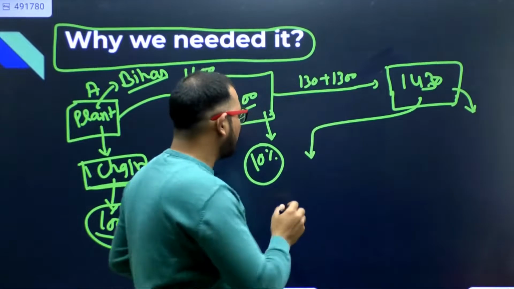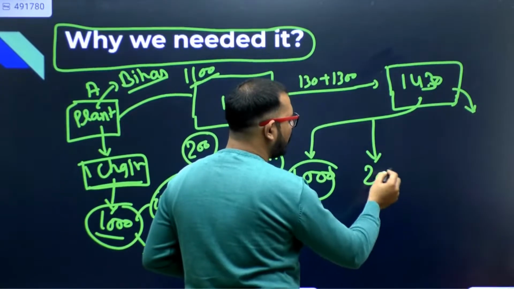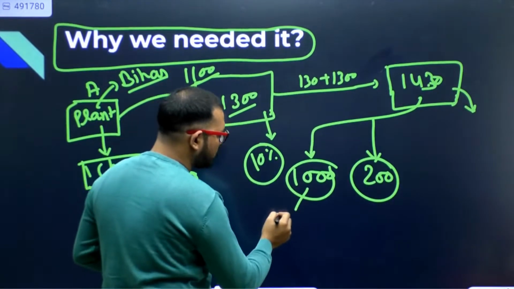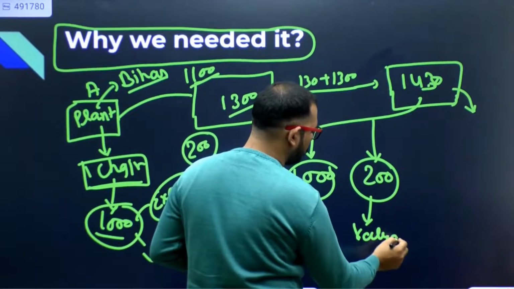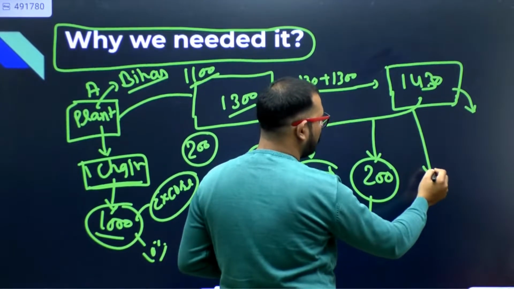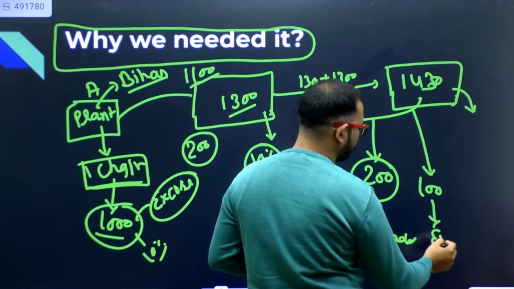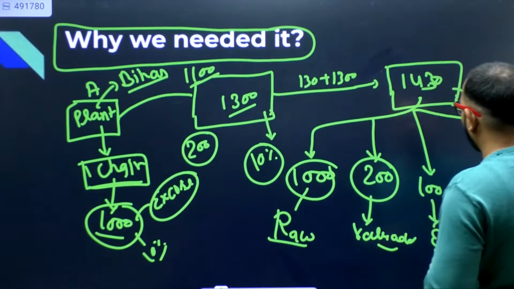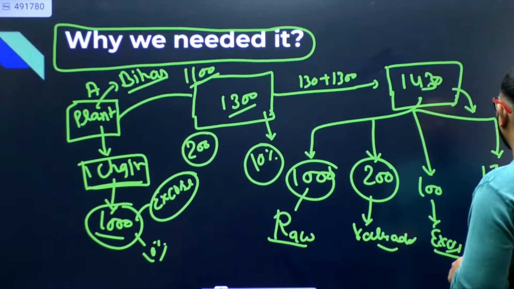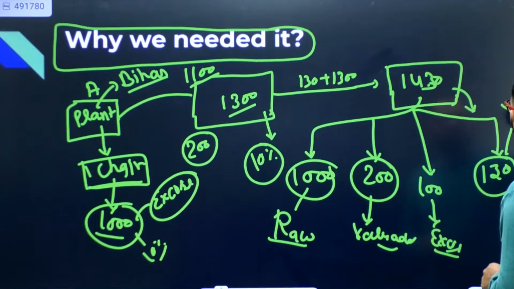What actually happened? 1,000 rupees raw material, 200 rupees value addition, 100 rupees excise, and 130 rupees is actually value added tax, or VAT.